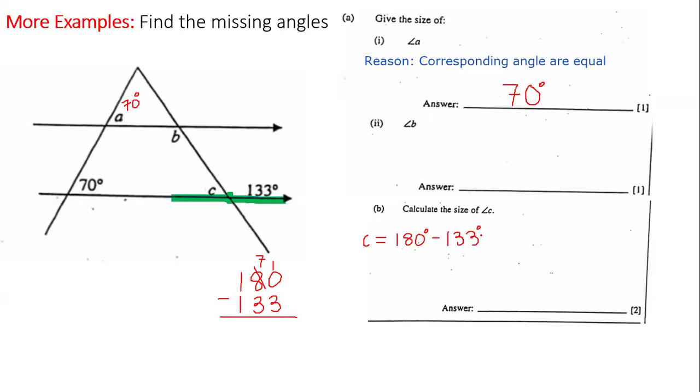I don't know where she disappeared to. Carmelo Fernanda, what is 10 minus 3? Carmelo Fernanda, are you there? 7, thank you. And then 7 minus 3 is?